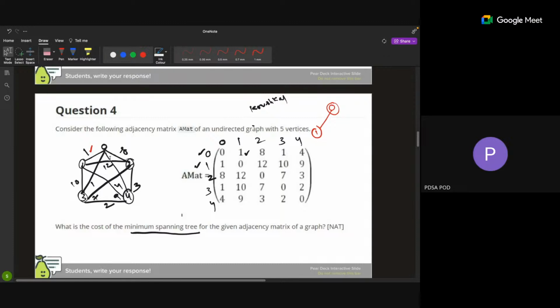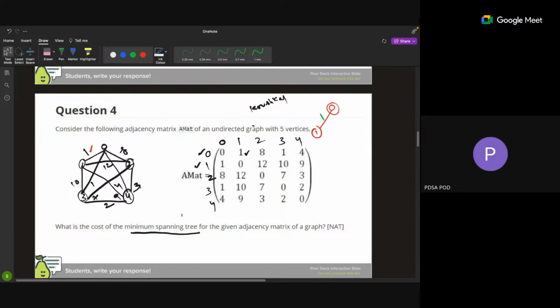If the particular edge doesn't form a cycle, we are adding it into the spanning tree. Is it clear? Yes, sir. Out of all these sorted, what is the smallest value? 1. Okay, so the first edge is 0 to 1, so we selected this.